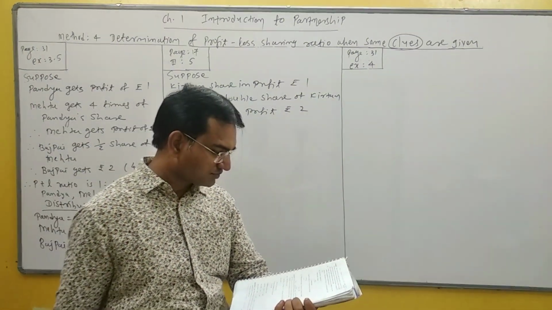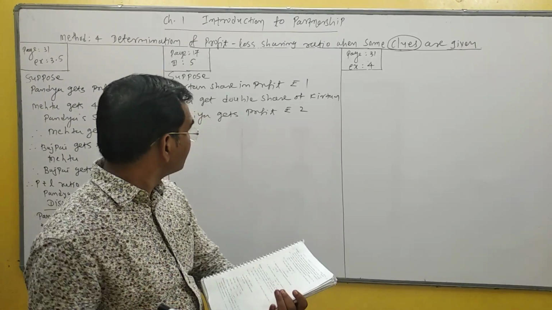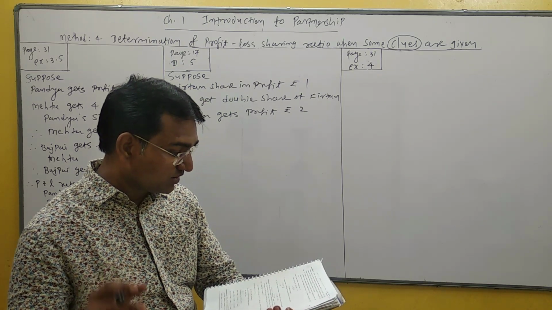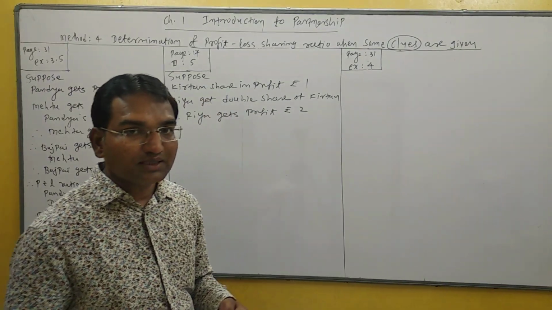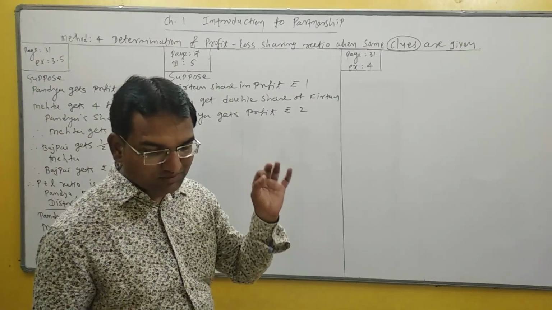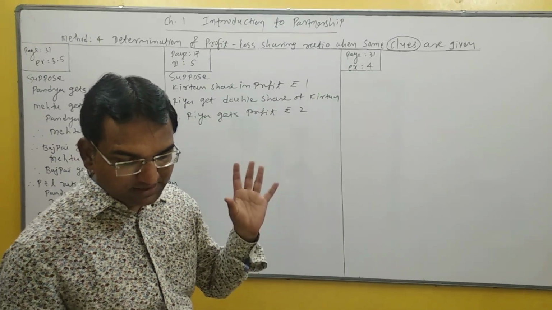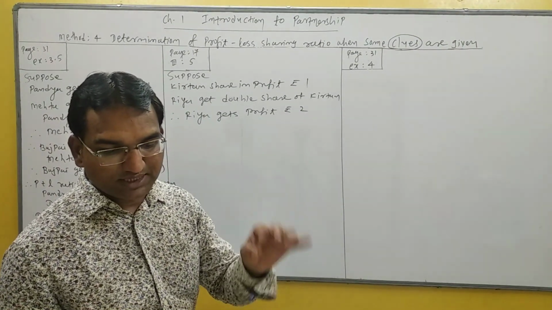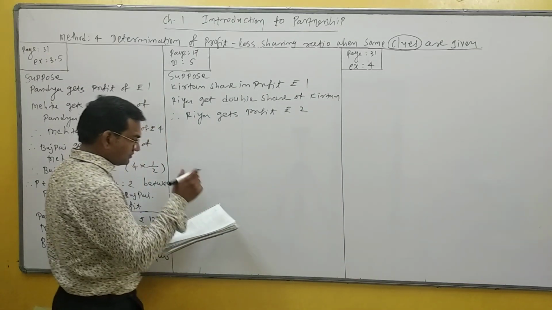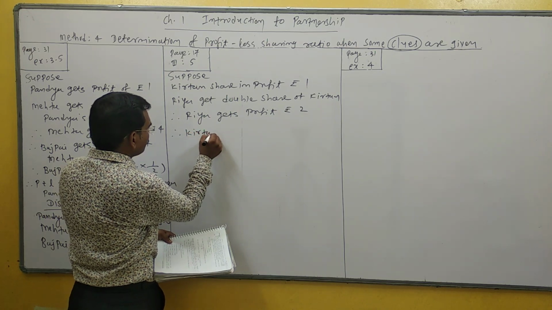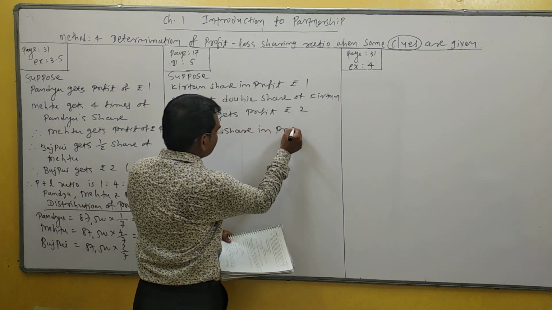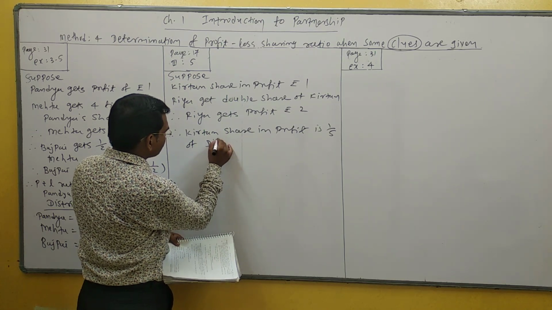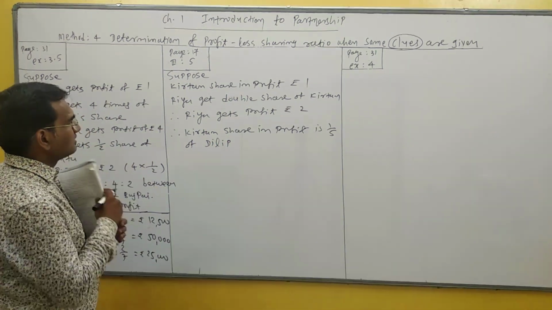And now the share of Kirtan is 1/5 of the share of Dilip. Kirtan's share is 1/5 of Dilip, meaning Dilip gets 5 times more profit than Kirtan, right? Understand?